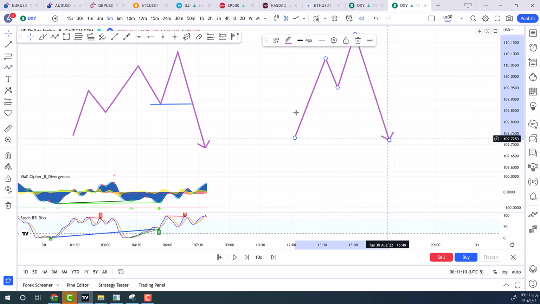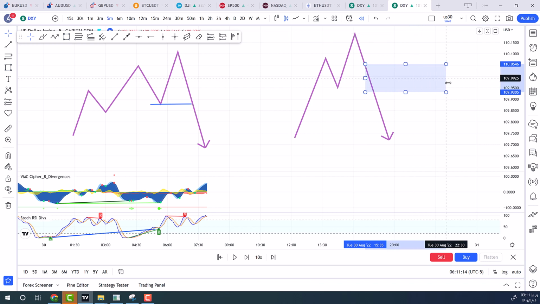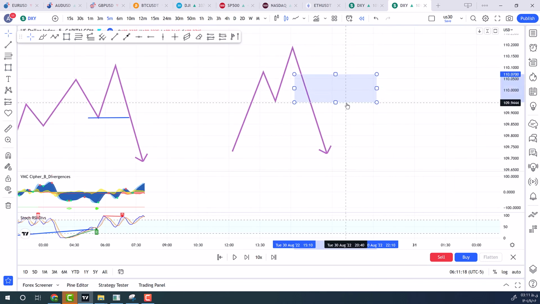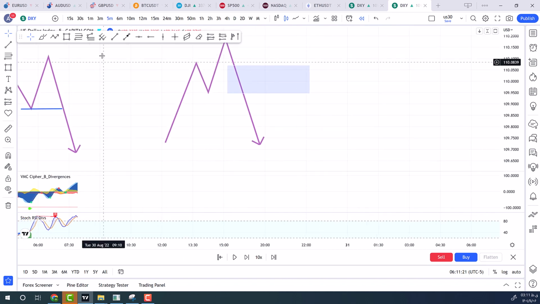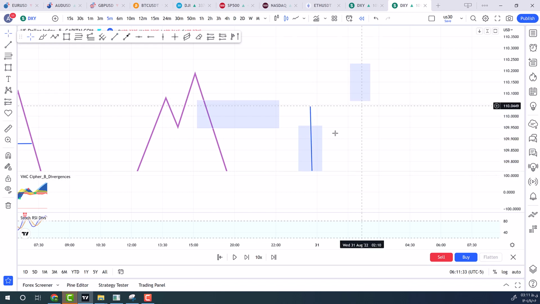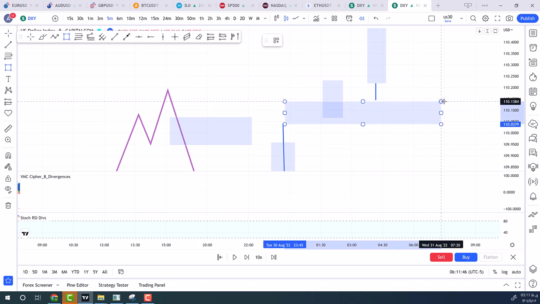it should have an imbalance itself in the middle of this leg or anywhere that we can find an imbalance. What is an imbalance? It's the space between the shadow of the first candle and the shadow of the third candle in a 3-candle formation. It's an unfilled gap.